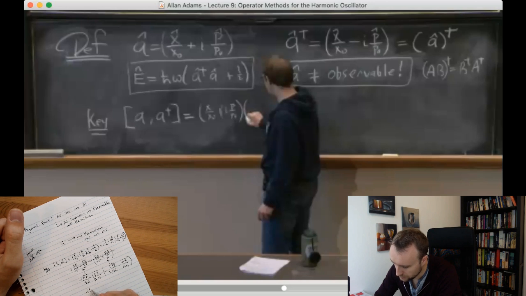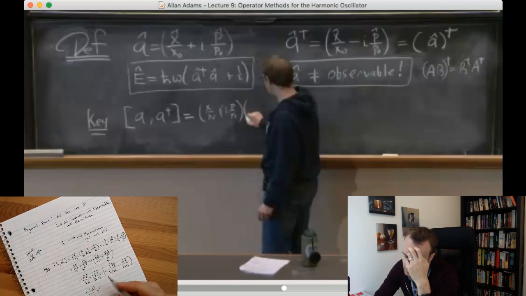minus I h bar 0 P0 plus, no, we can't do that because that's the commutator of those. It's not the I h bar.